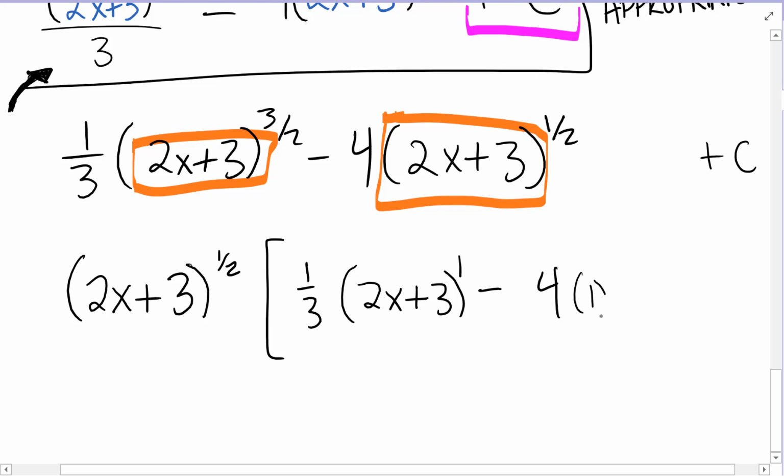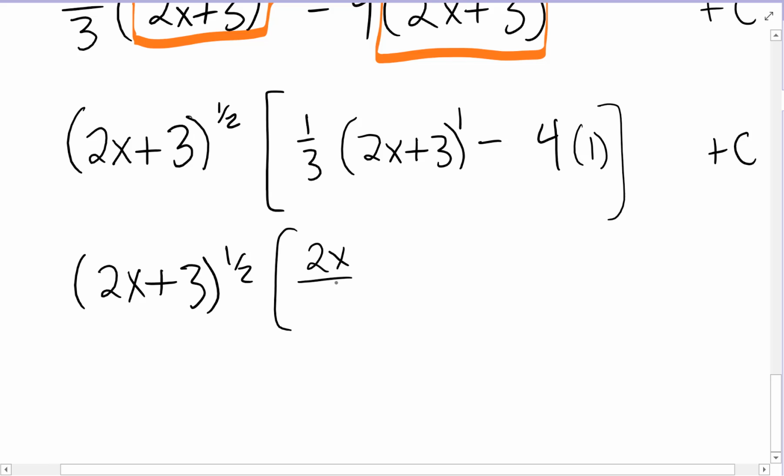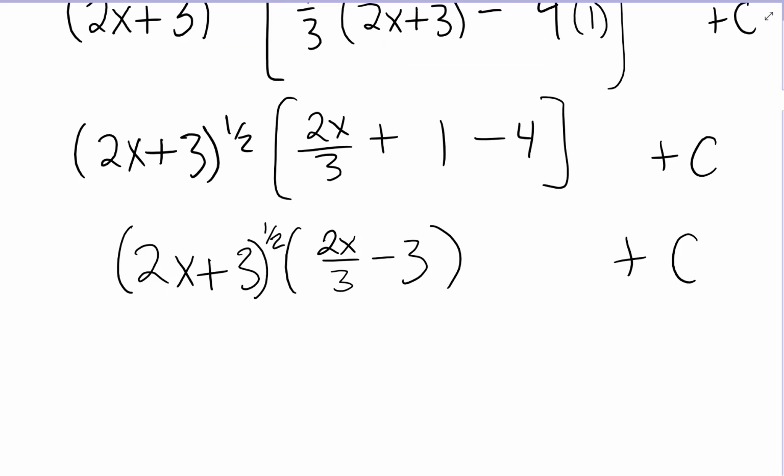We factored that out. Simplify what you have inside of these brackets. Combine like terms, distribute, whatever you need to do. So I have 2x over 3 plus 3 over 3, which is 1, minus 4. This becomes 2x over 3 minus 3.